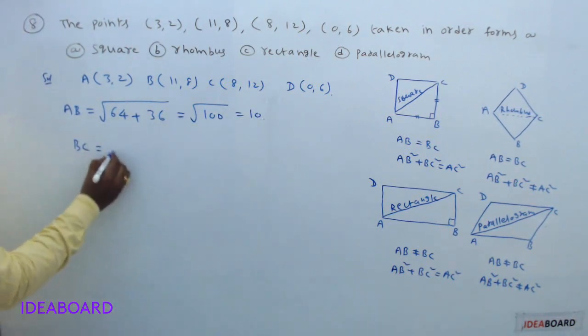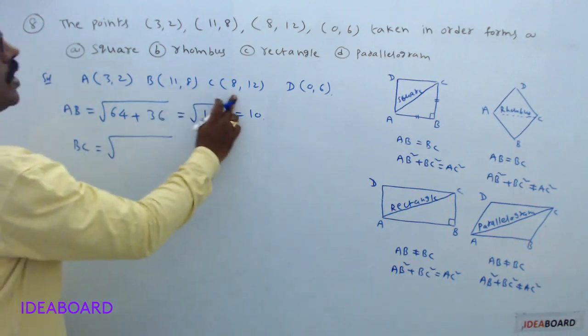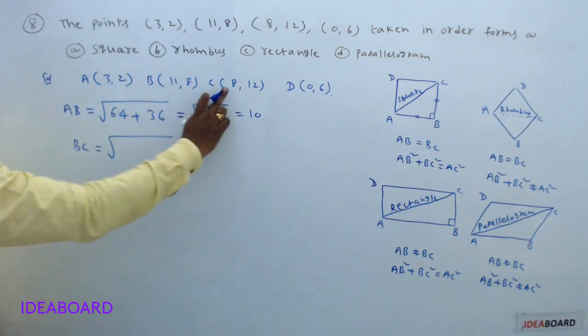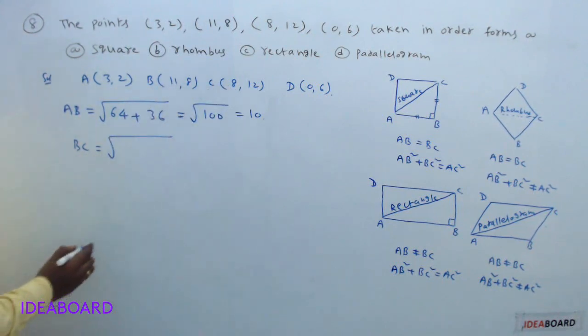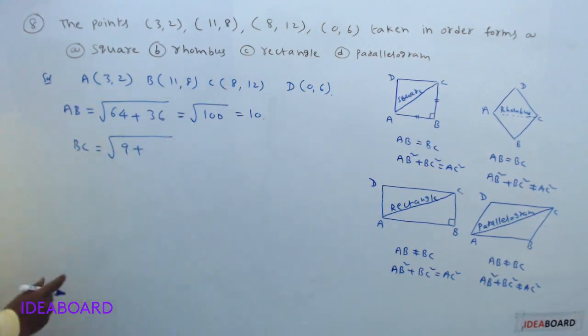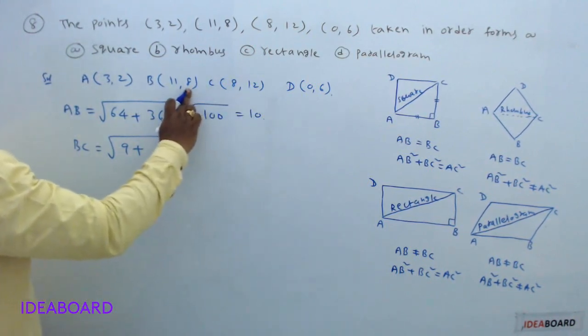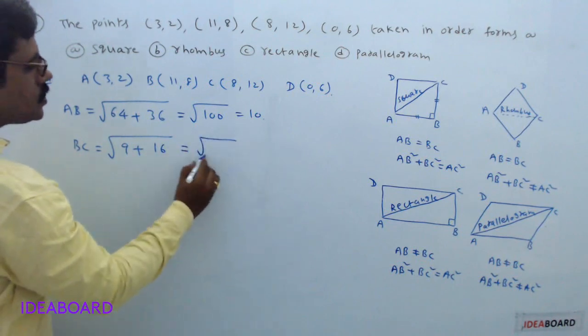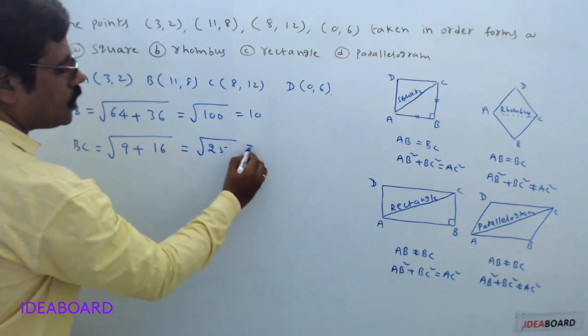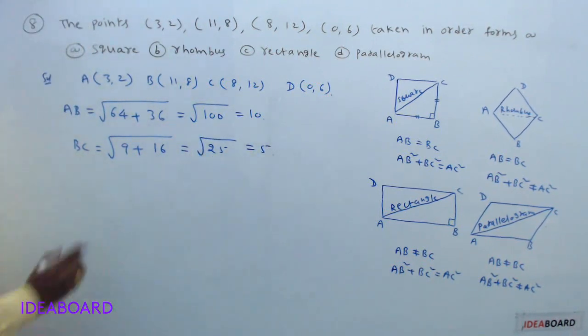Then BC, distance between the points B and C. So square root of 8 minus 11. 8 minus 11 is minus 3. Minus 3 whole square is 9. 12 minus 8 is 4. 4 square is 16. So it is square root of 25. It will be 5.